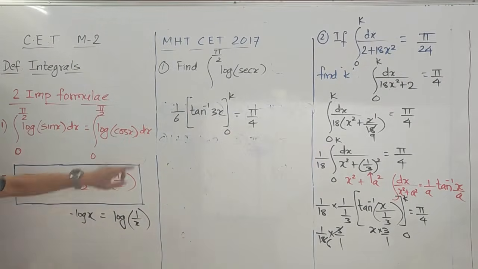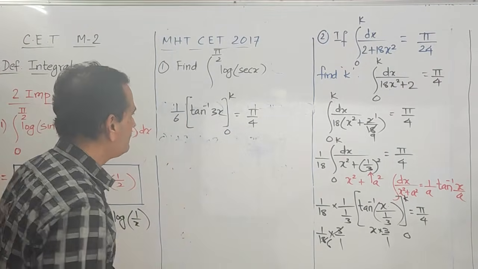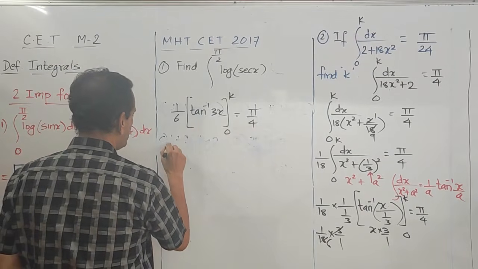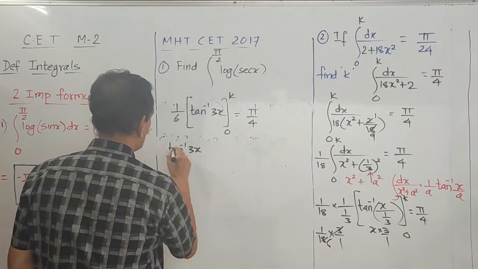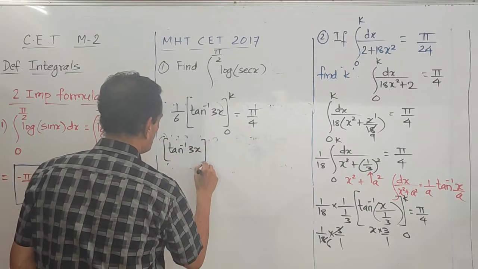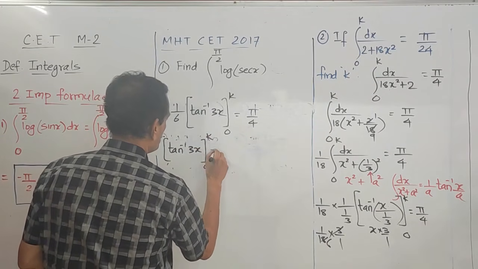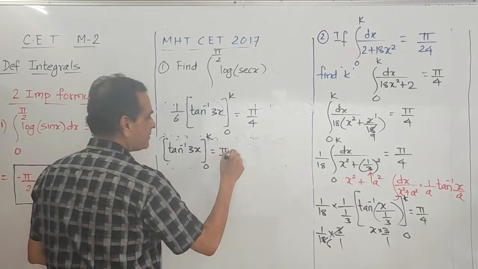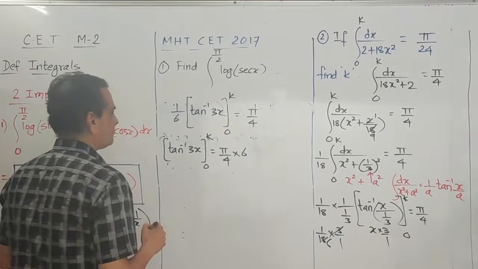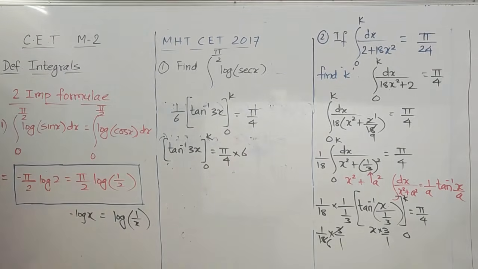Take 6 on the other side. Okay, so tan inverse 3x.